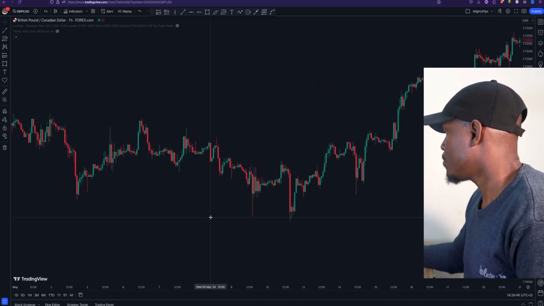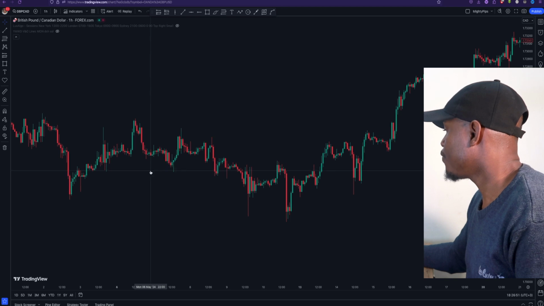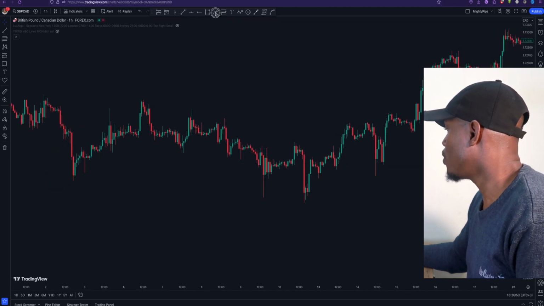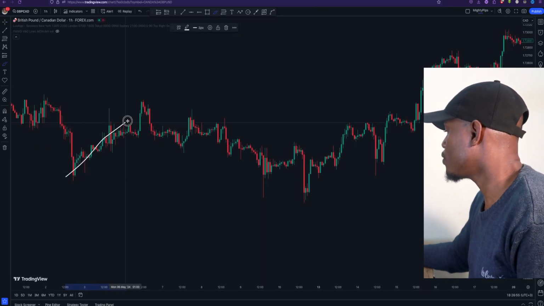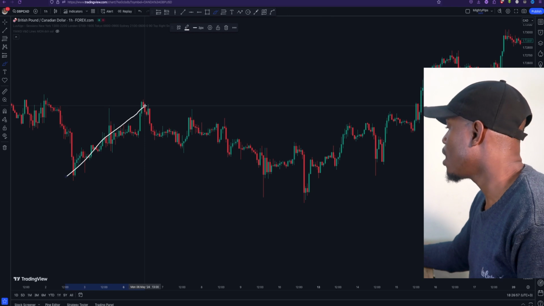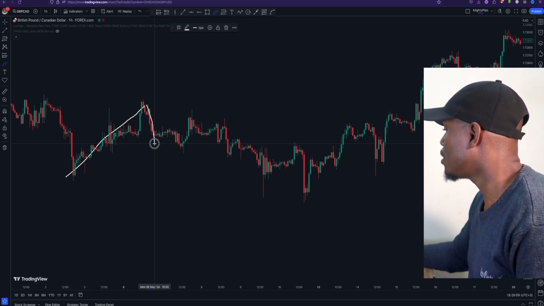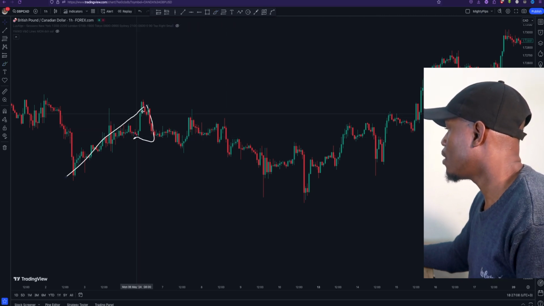All right. So you see that price was going up here, okay? It was going up here, it stopped here, and then it dropped, okay? It dropped below this area here, okay? Let me just remove this first. Let me use something more clear for you guys to be able to see.